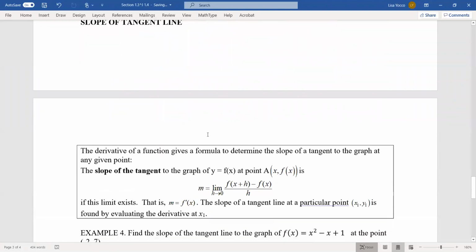The derivative of a function also gives us a formula to determine the slope of a tangent. And when we say tangent, we mean tangent line. So you can add in there: slope of a tangent line to the graph at any given point.